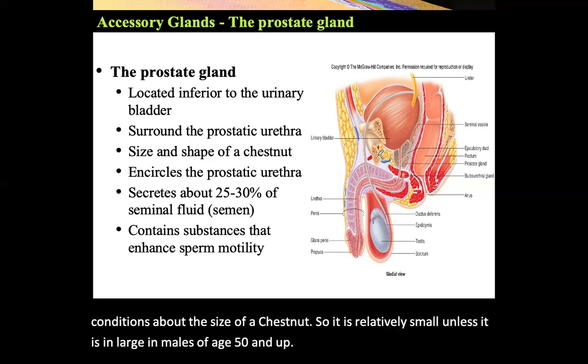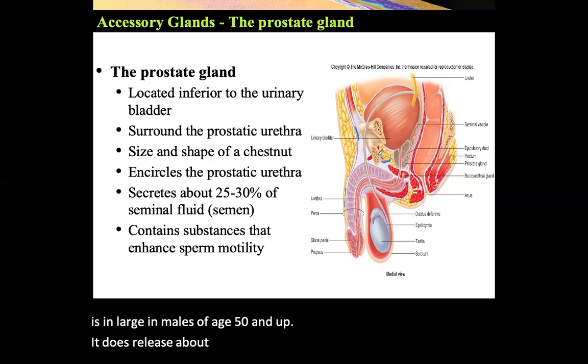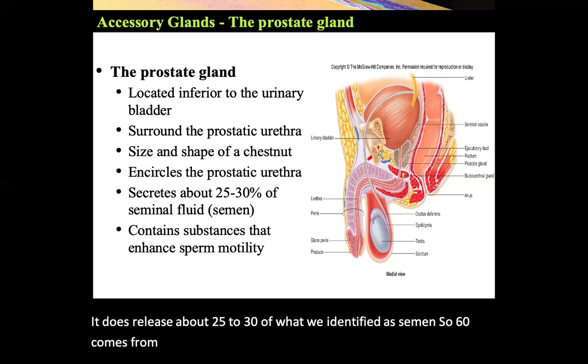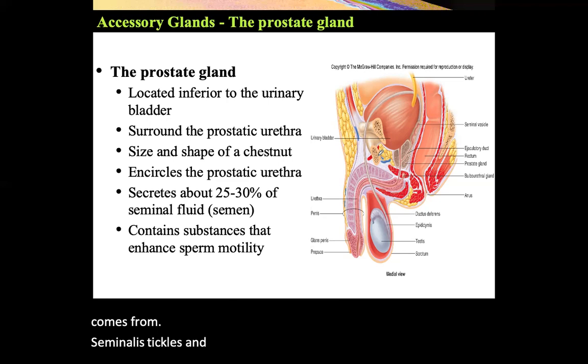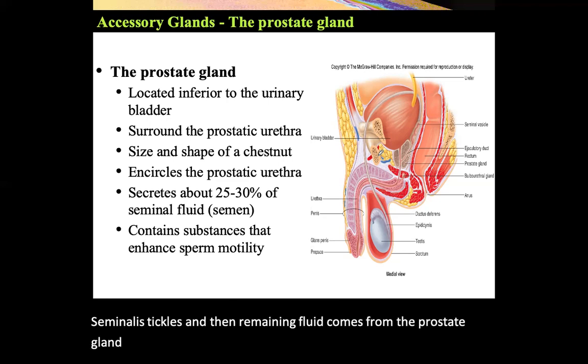It does release about 25 to 30% of what we identified as semen. So 60% comes from the seminal vesicles, and the remaining fluid comes from the prostate gland. Why does the prostate gland release this fluid?